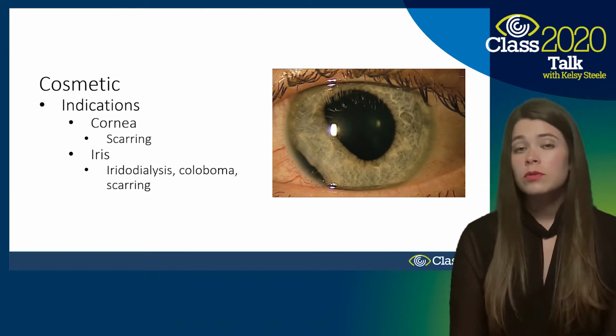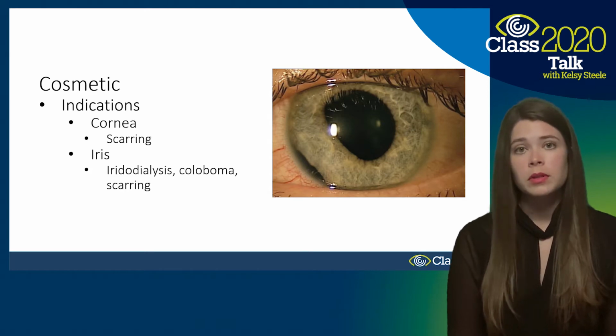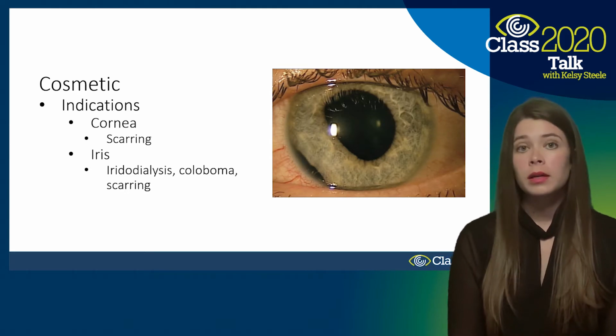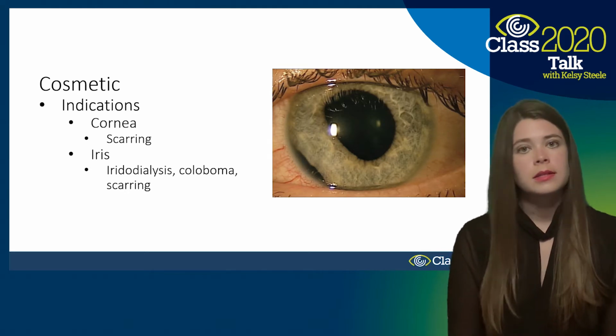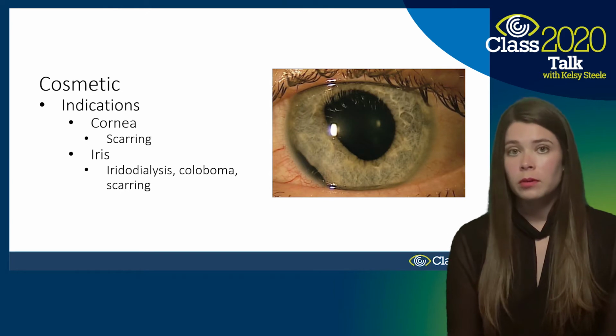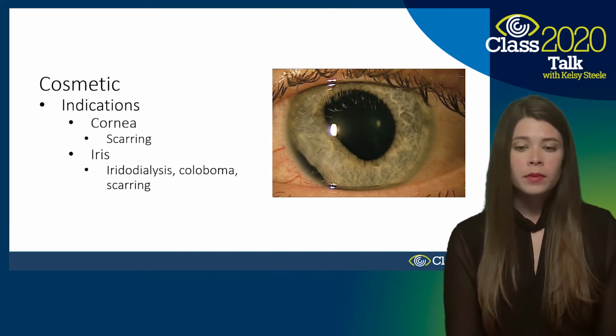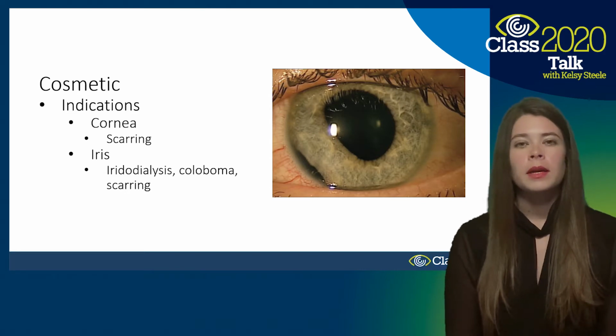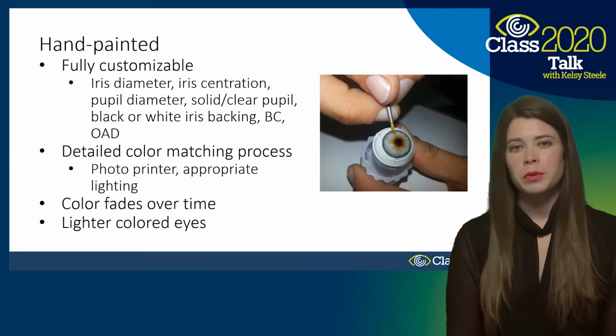So that patient might do just fine with a commercially available contact lens that's colored to hide some of this defect. If you have a patient with a coloboma, maybe they have a little bit of a defect at 6 o'clock, these commercially available lenses might be appropriate for them. And then, like I said, some scarring of the cornea or the iris that may not be super apparent or super dense.